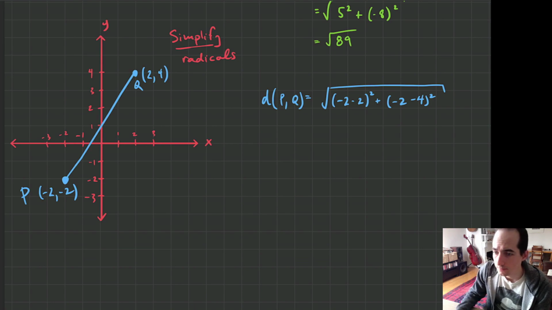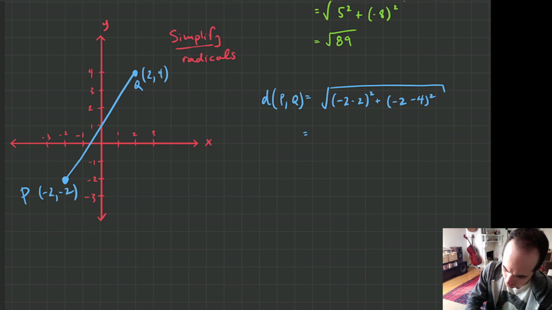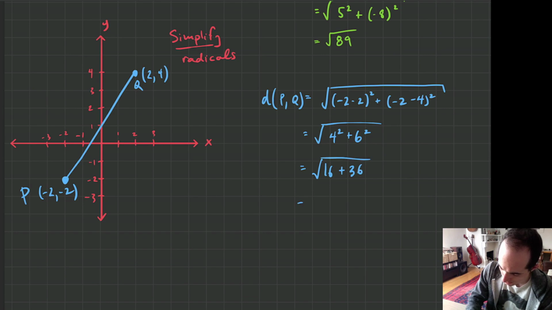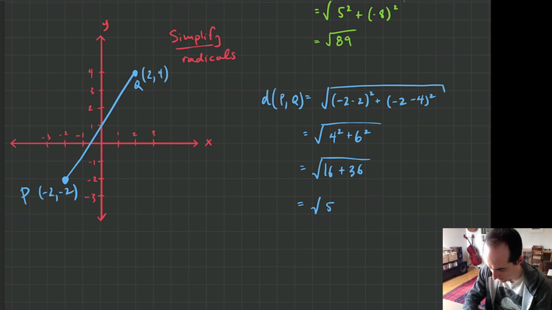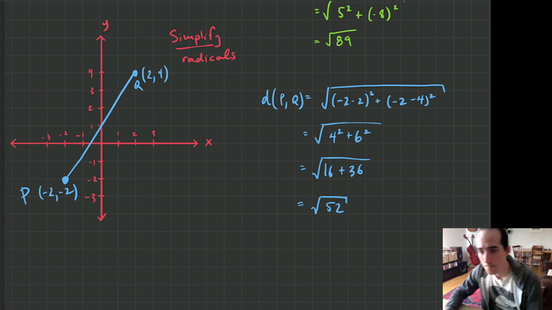Anyway, so this is the square root of 4 squared plus 6 squared, which is the square root of 16 plus 36, which is the square root of 52.